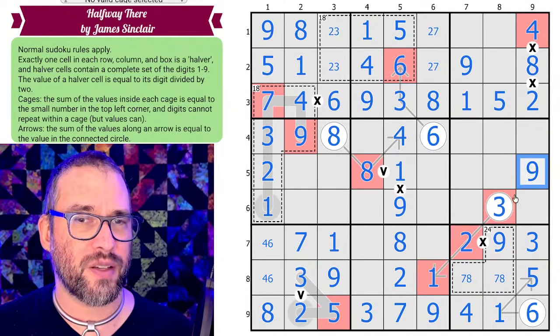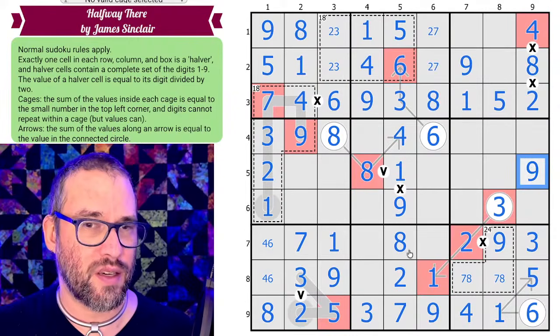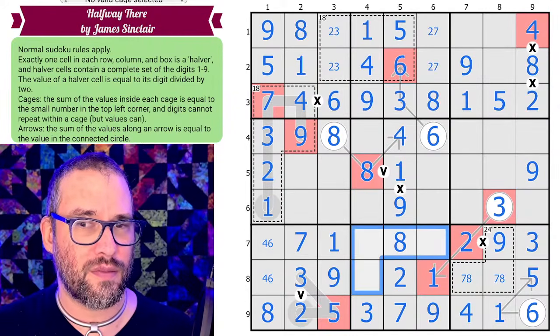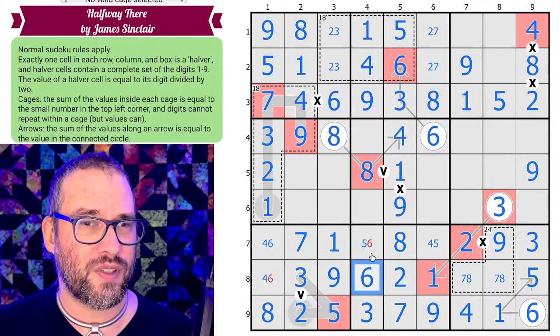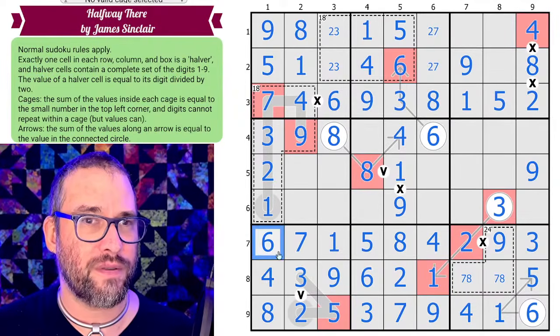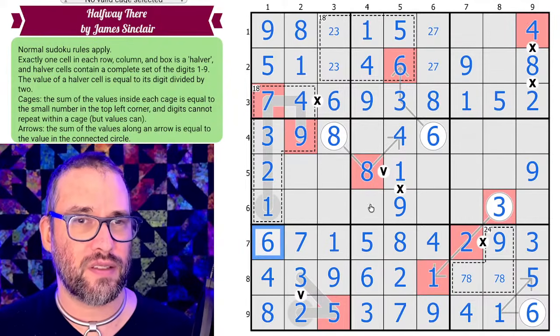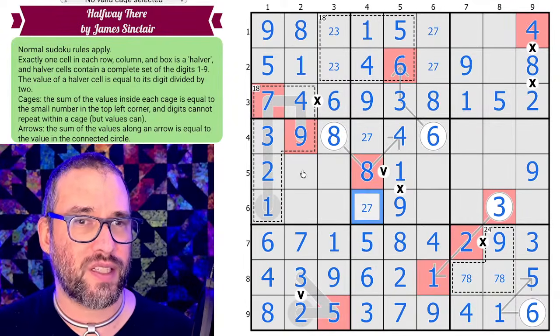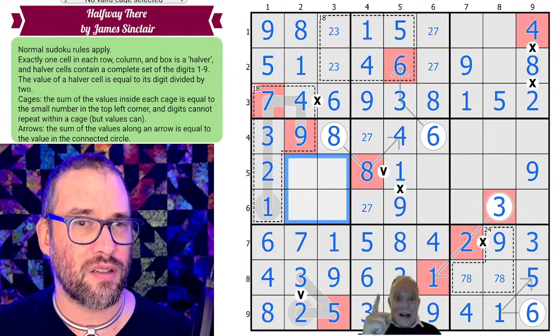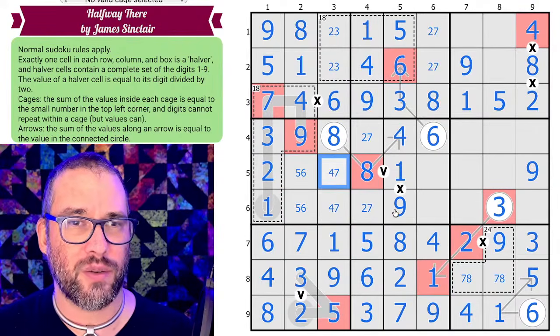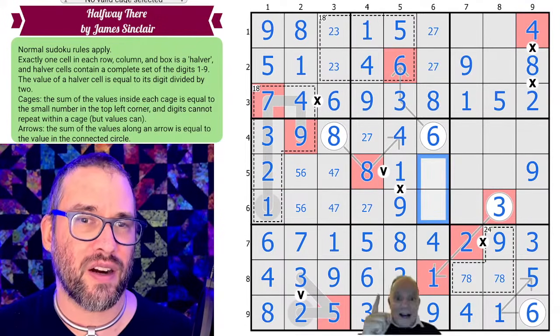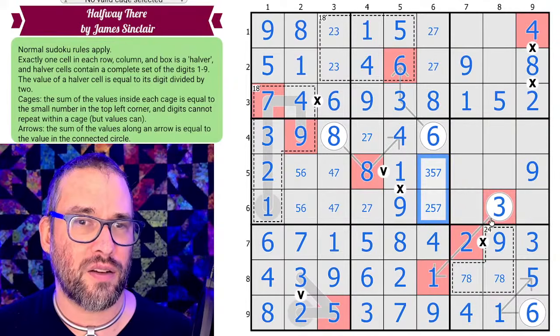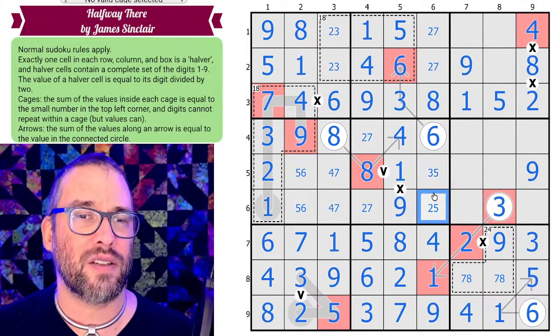9, looking into box 6. Let's see, 6, 5, and 4, 4 and 6. This column's probably done. It's not. These go into pairs. This is a pair. No 7 or no, that's a 5.